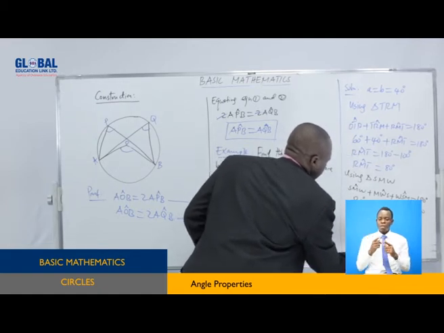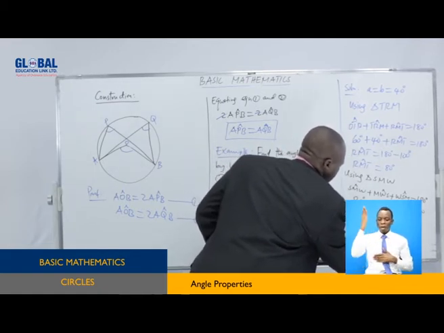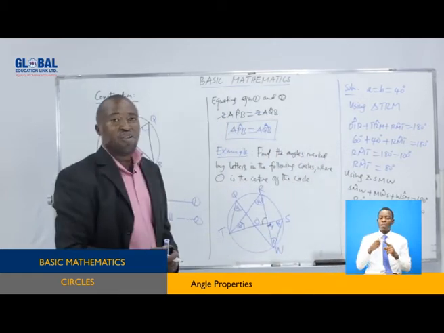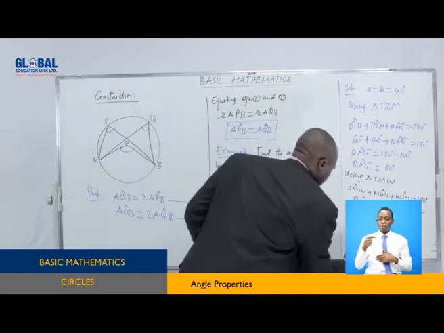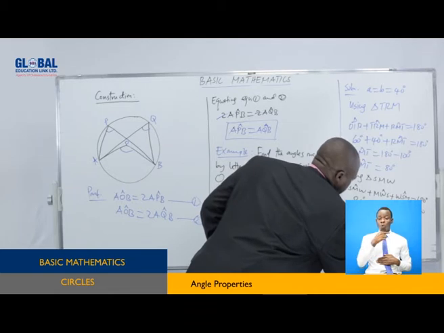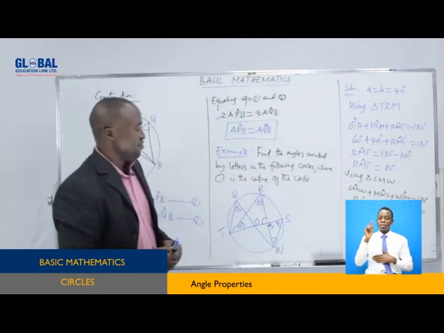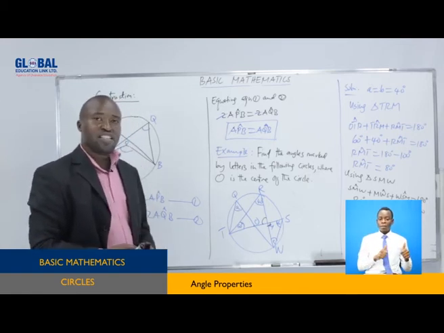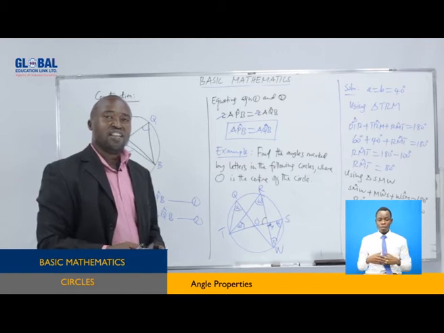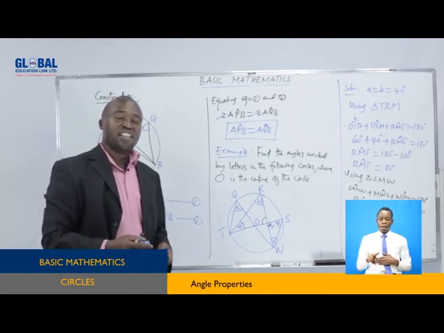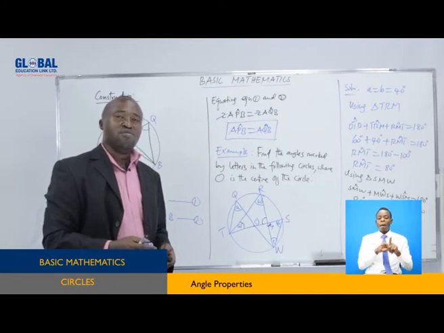Therefore, C is the same as 180 degrees minus 120 degrees. Now, on subtracting, angle C is equal to 60 degrees. So again, I hope we are together following this lesson where we are discussing the angle properties of a circle. Now let us proceed with the third theorem of a circle.